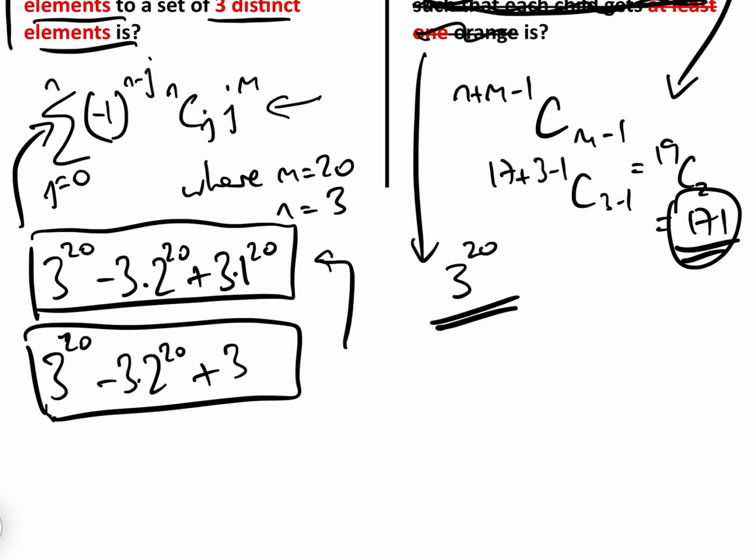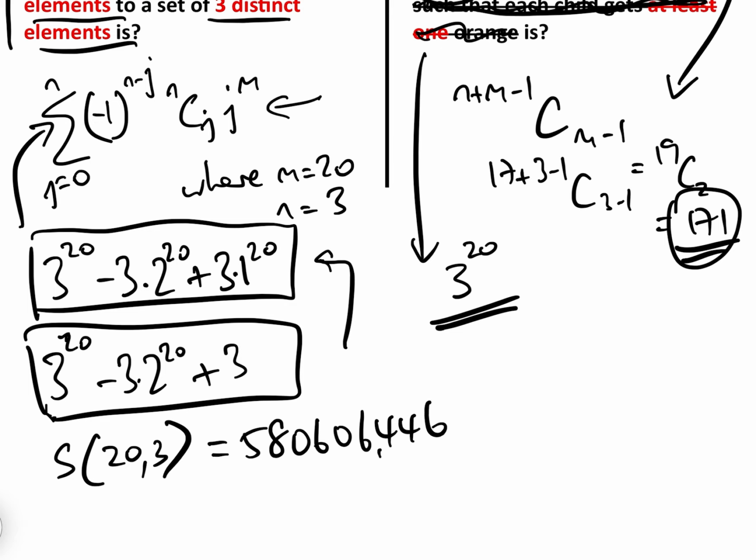That's the answer. Now, just a matter of interest, if you looked up in a table the Stirling number S(20,3), and you can look it up in a table, that number equals 580,606,446.